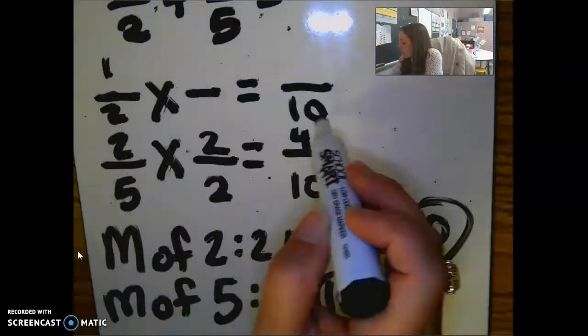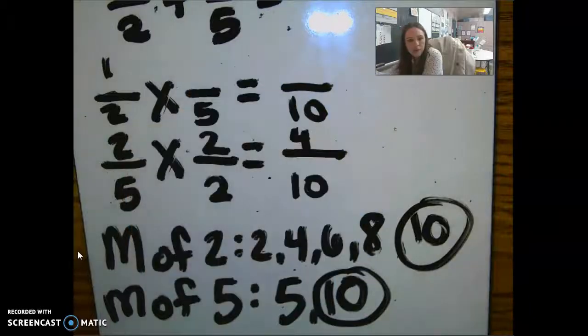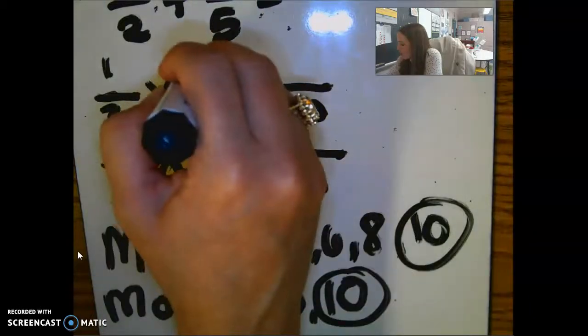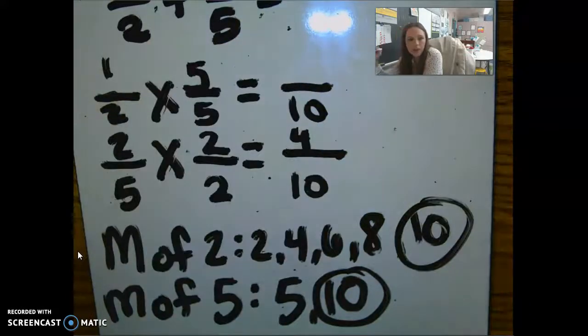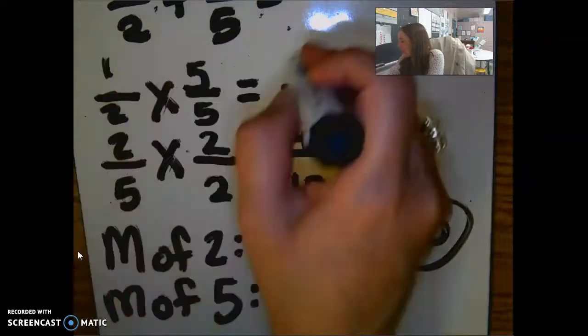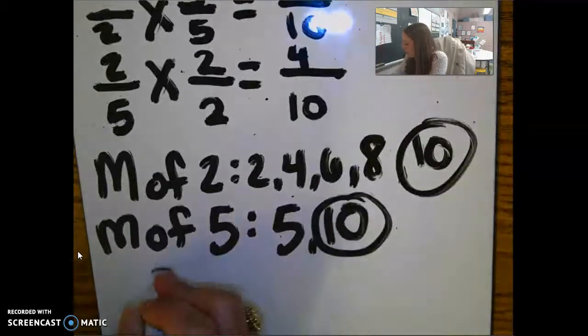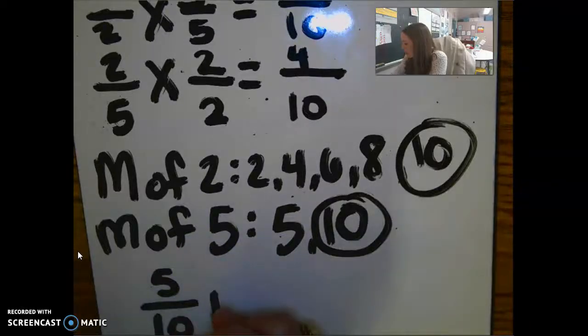2 times what is 10? Well, 2 times 5 is 10. And I'm going to also multiply the numerator by 5 because whatever we do to the bottom, we have to do to the top. 1 times 5 is 5. Let's rewrite our equation. 5 tenths plus 4 tenths.